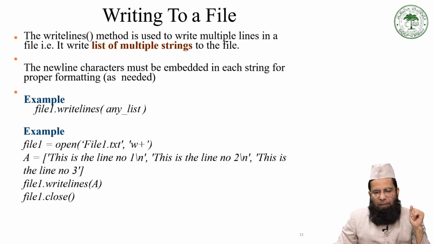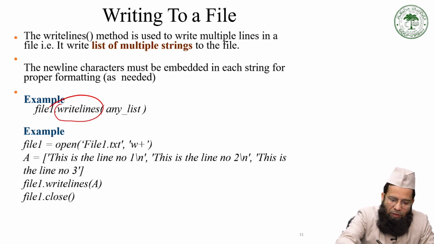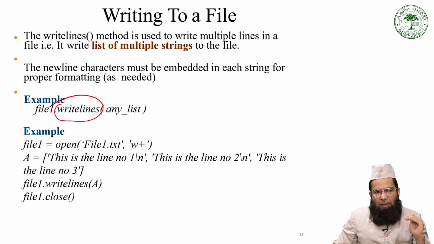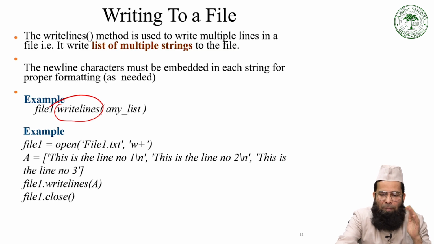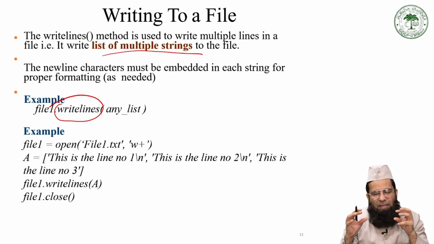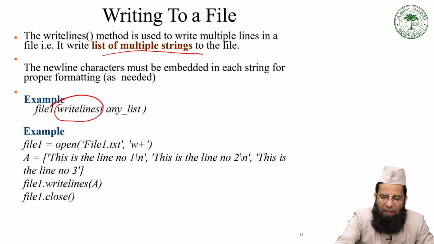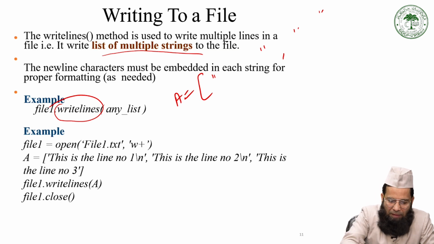Then there is one more method, that is writelines. It writes multiple lines to your file. The writelines method is used to write multiple lines in a file. It writes a list of multiple strings. So suppose you have created a list like A is equal to, and you have different statements in this list, right? Like in this case I have written here.